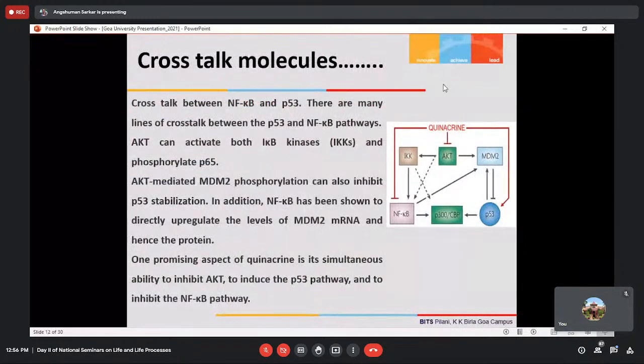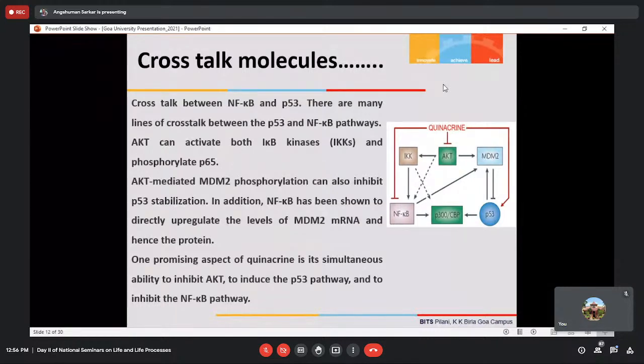I was talking about crosstalk. Crosstalk means how each molecule talks among themselves in a complicated manner. Like when I talk about the crosstalk between NF-kappa B, which is a transcription factor, as well as P53, there are many lines in this crosstalk.